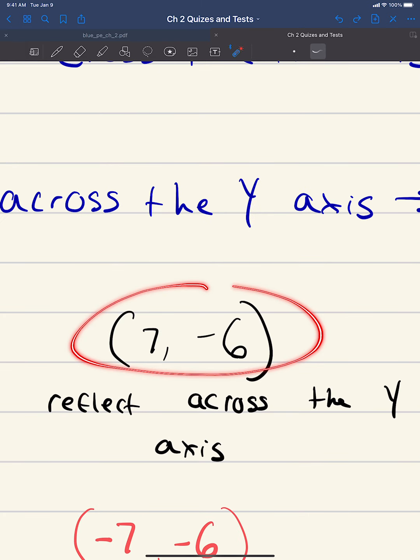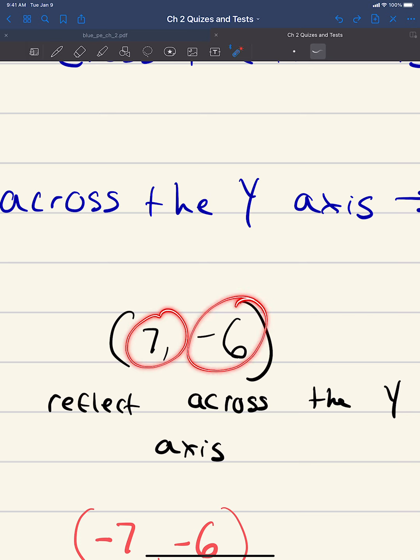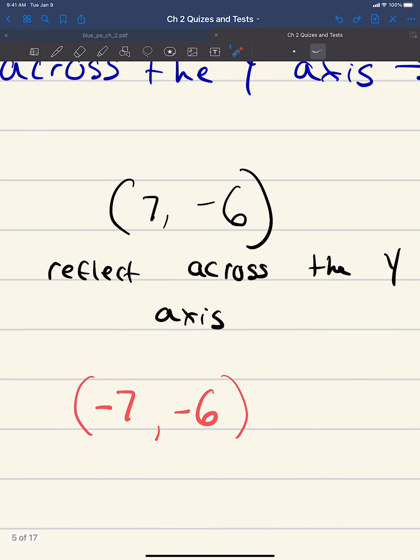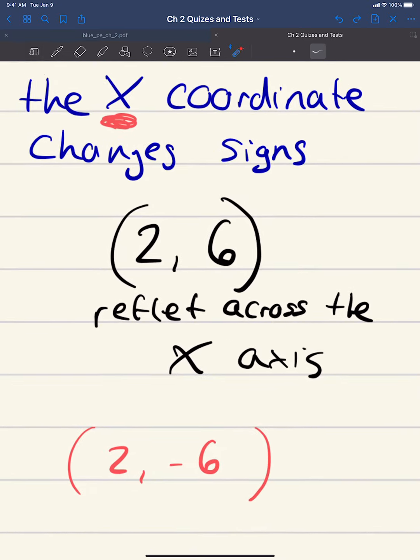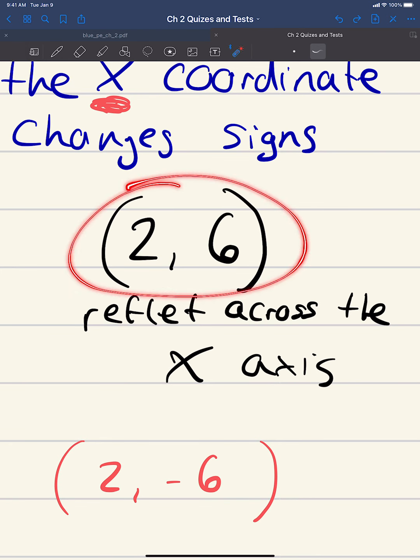If I had this point and I said reflected across the y-axis, the x coordinate changes sign. So which one's the x, the 7 or the -6? The 7. So I'm just going to change it to its opposite sign, which is -7, -6. Okay? Easy? Reflections are super easy. If I had this coordinate, 2, 6, and I said reflected across the x-axis, the y coordinate changes to its opposite sign. So it'd be 2, -6.